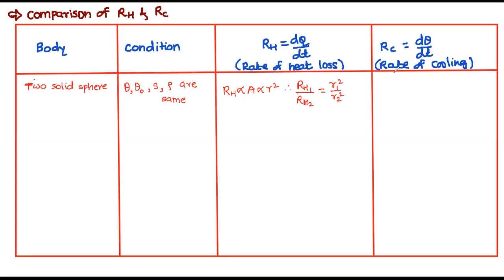Next, for rate of cooling, what will you get? RC is directly proportional to area and inversely proportional to volume. So it is proportional to R square by R cube, that is, inversely proportional to 1 by R. So RC1 by RC2 is equal to R2 by R1.